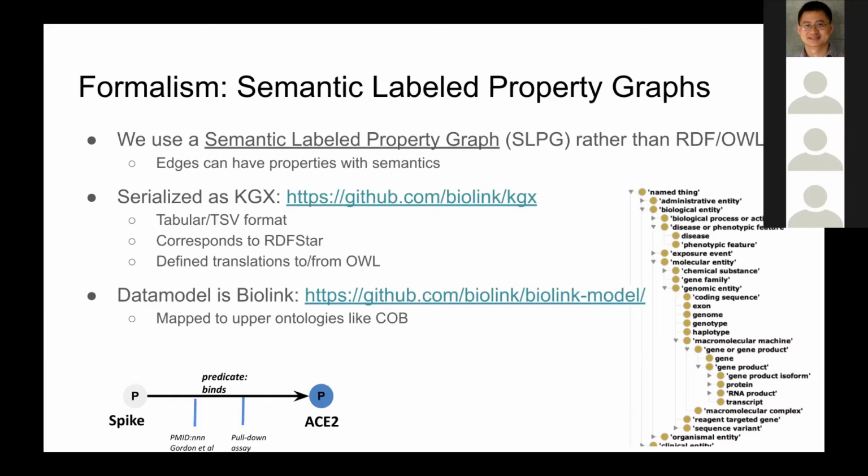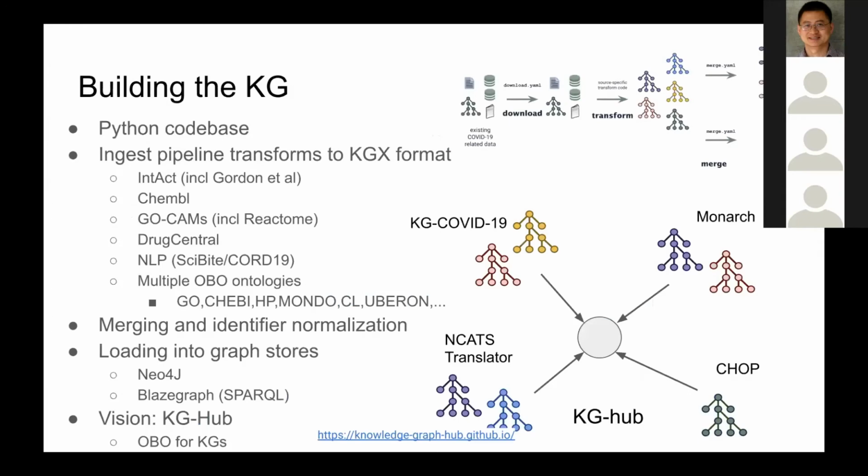And the little diagram on the bottom left illustrates the SLPG formalism, where you can annotate edges such as spike interacting with ACE2 with not only provenance information and evidence, but perhaps also information about the strength of that connection. It's a simpler way of modeling things rather than using more complex OWL axioms, although they can be translated.